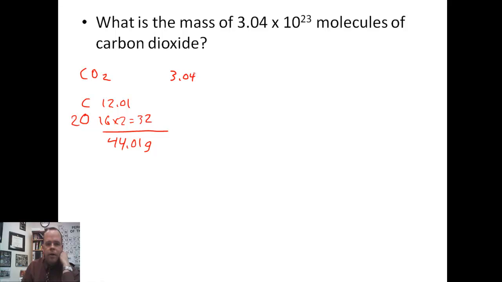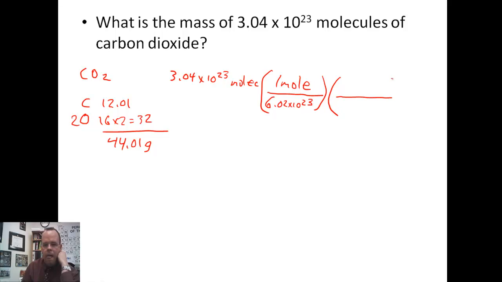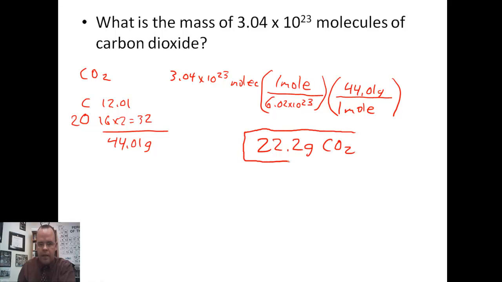So we're going to take 3.04 times 10 to the 23rd molecules. 1 mole equals 6.02 times 10 to the 23rd molecules. And then 1 mole equals 44.01 grams. Do that multiplication, 3 significant figures, we get 22.2 grams carbon dioxide.